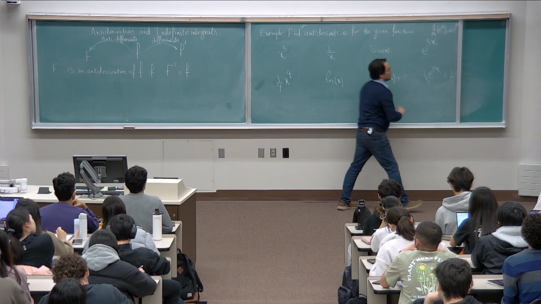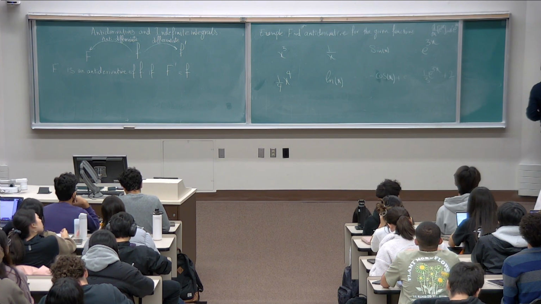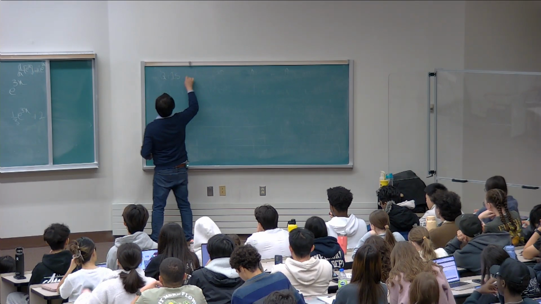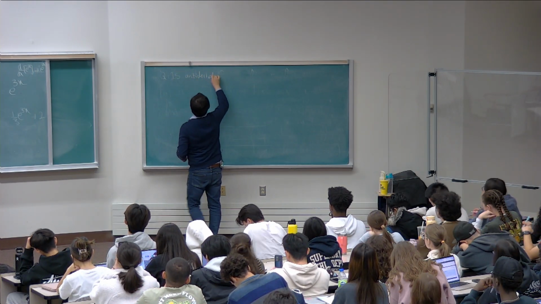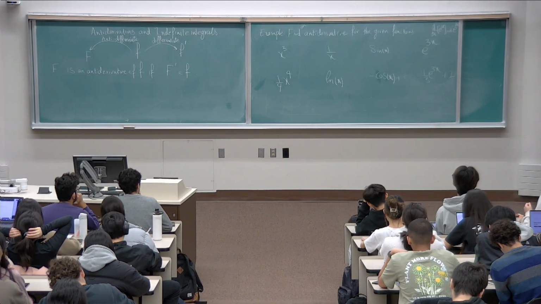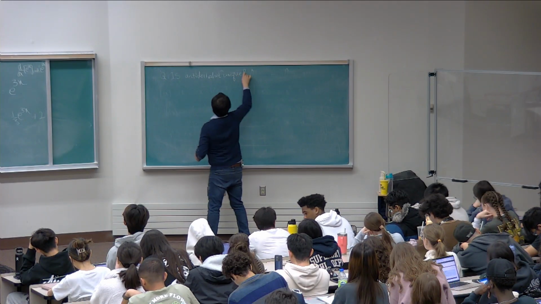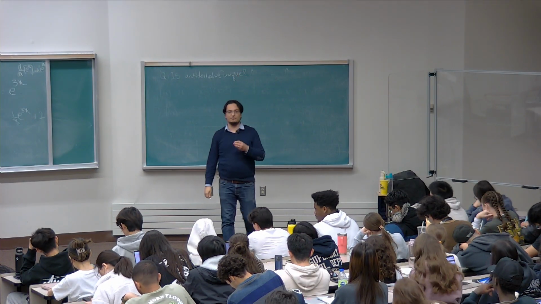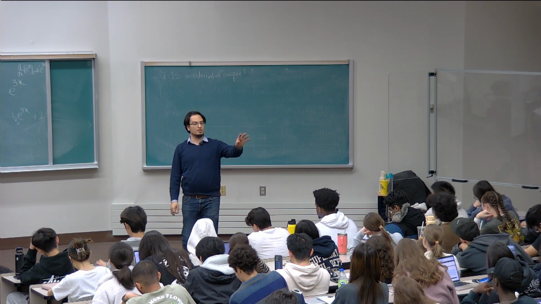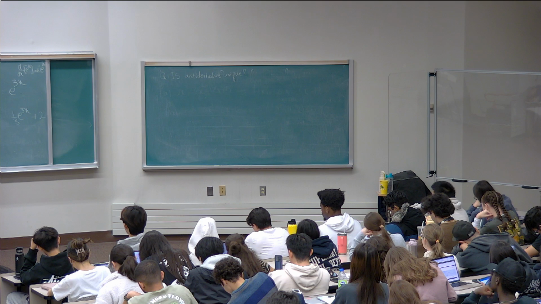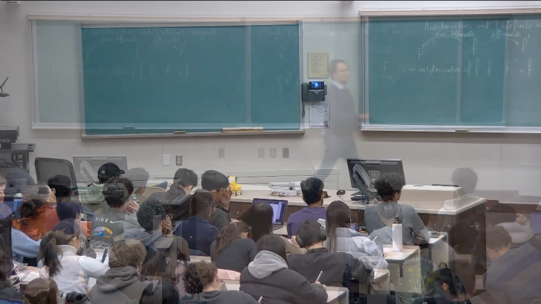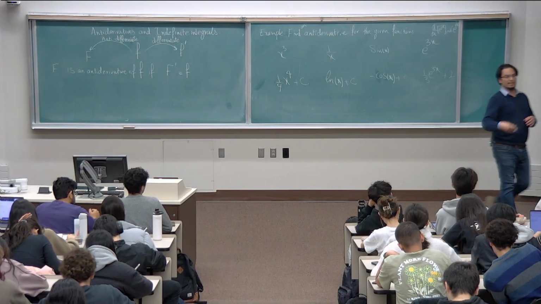So the question was, is an antiderivative unique? Is there only one such antiderivative for a given function? The simple answer right now, we notice that no. If you add any constant to the given antiderivative, you will get another antiderivative.